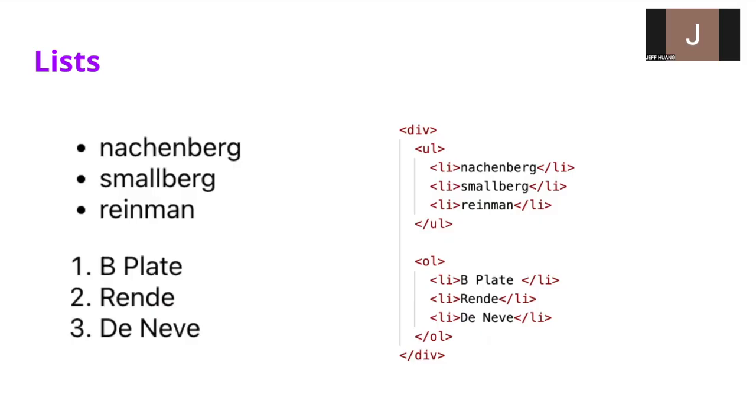So here you can see bullet points, and then for the ordered list, you would have numbers. And then you would surround your content with li, which stands for list item, and then you would just close it with a /li. And make sure your LIs are within your ordered list or unordered list.